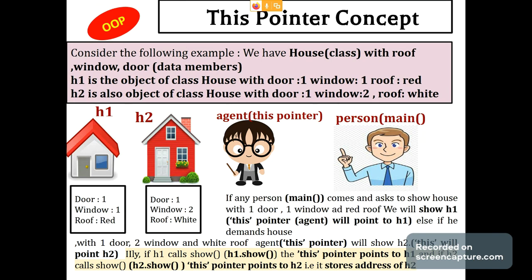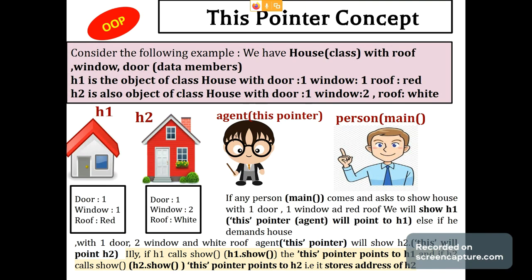Now the main function says that I want a house to be shown which has one door, one window, and a red roof. The agent says, yes, there is one house as per your demand, so let's go to h1. So this pointer will make the main function point to h1.